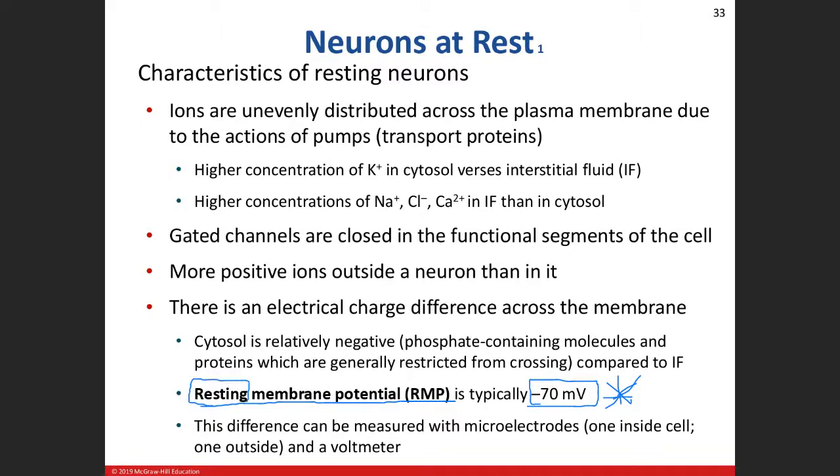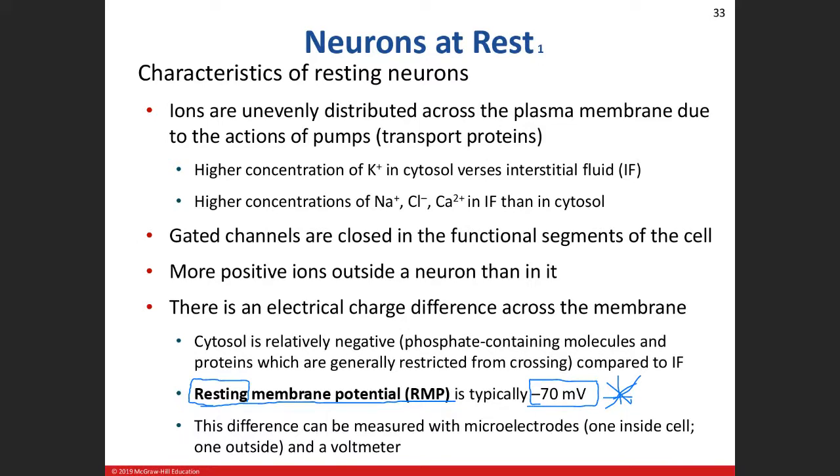When it's doing nothing, all of those gated channels are closed. And then sodium and potassium leak channels are leaking stuff in and out, and the sodium-potassium ion pump is moving sodium out of the cell and moving potassium into the cell.